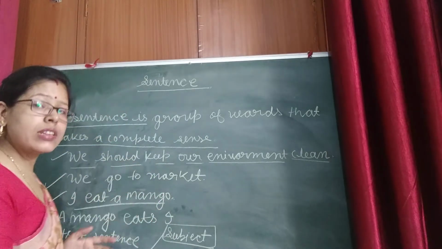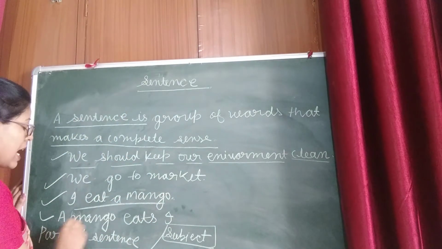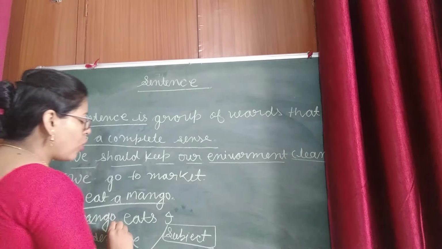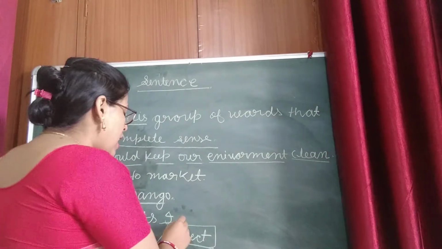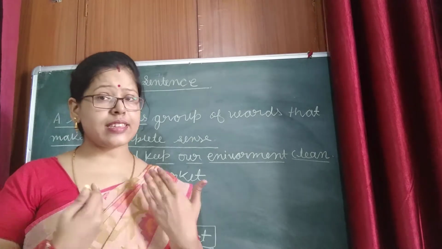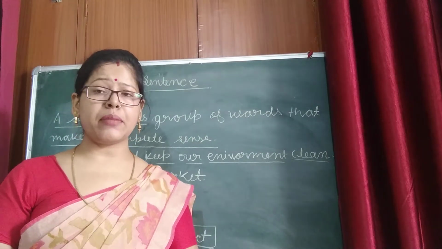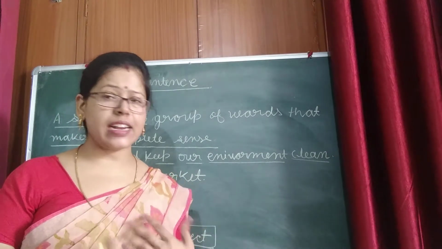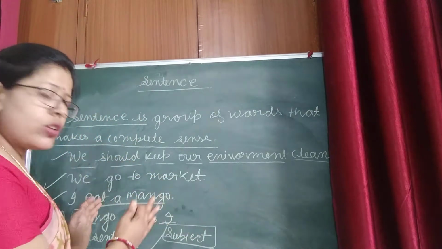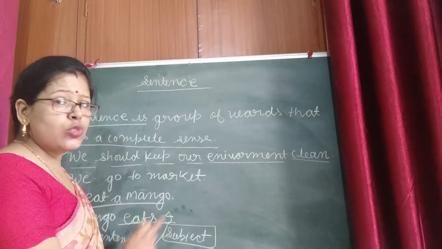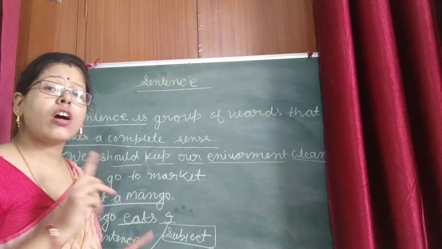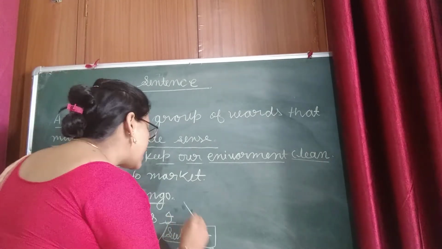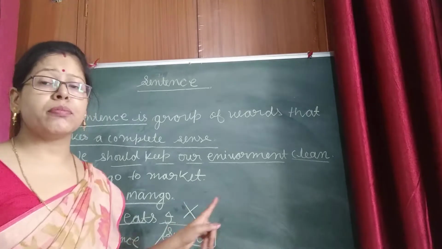But think about the last sentence. I have written, a mango eats I. Is it possible? No. A mango cannot eat us human beings. We can eat the mango, but the mango cannot eat us. So it is also a group of words, but we cannot say this group of words is an example of a sentence because it is not giving us a complete meaning.